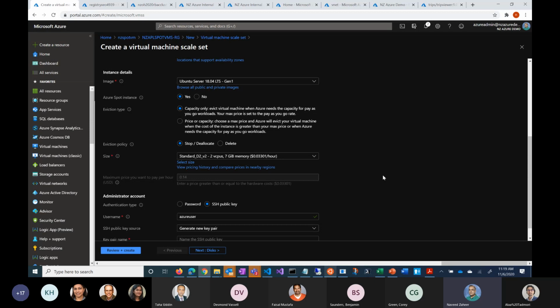Let's say that you have an auto scale set, and you have a minimum instance count. Some of the instances got deallocated because of the eviction, and your VM scale set is trying to scale up because it needs more instances. There is no guarantee that the scale up will happen. You see the dilemma here?